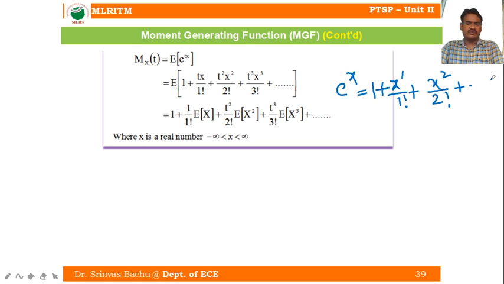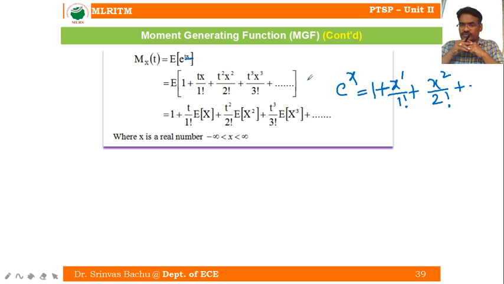This is an infinite series, power series form. Same thing here, instead of x it is tx: 1 plus tx by 1 factorial, plus (tx) squared by 2 factorial, (tx) cubed by 3 factorial, (tx) to the power 4 by 4 factorial.